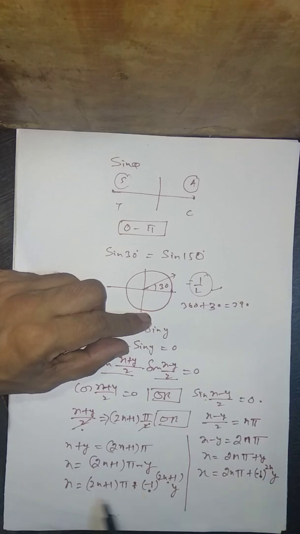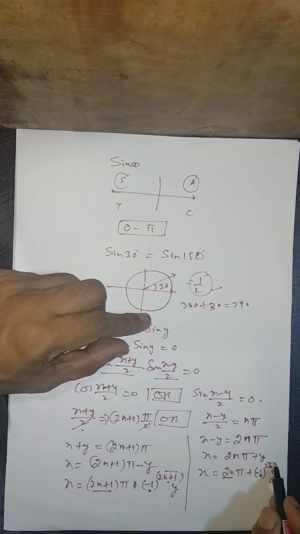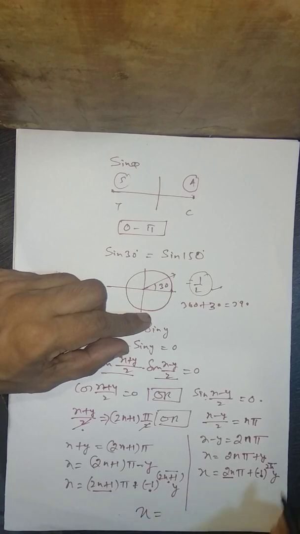Now they look very symmetrical: we have an odd number here and an odd number there, and the rest is the same; we have an even number here and an even number there. What do we conclude from these two equations? The power of negative 1 being even gives a positive answer, and being odd gives a negative answer.